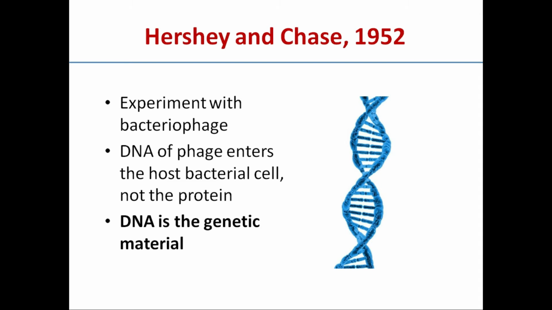Hershey and Chase in 1952, we all know that they established DNA as the genetic material. They experimented with bacteriophage. These are also viruses affecting bacteria and killing bacteria. And their observation was that DNA of the phage enters the host bacterial cell, not the protein.